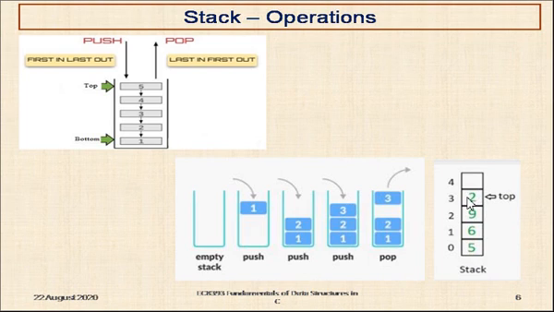Here the size of the stack is 5, that is 5 locations are there from 0 to 4. We have one more location free, but the top pointer is at location 3, so that means up to location 3 the stack is utilized. So we can say the pointer top is always pointing to the top element of the stack, right?